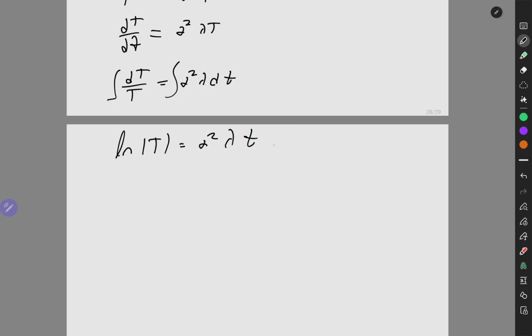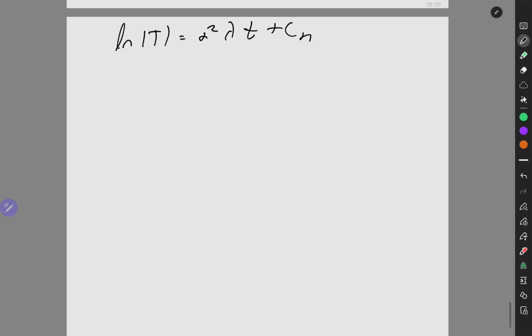Those are both constants. We add our constant of integration because these are both indefinite integrals and C does not cancel. And then we exponentiate both sides. E to the alpha squared lambda t times C n, yep. So then we can write out our T naught and our T sub n.